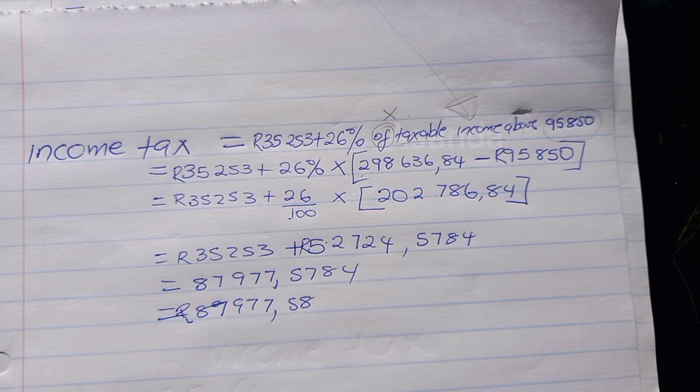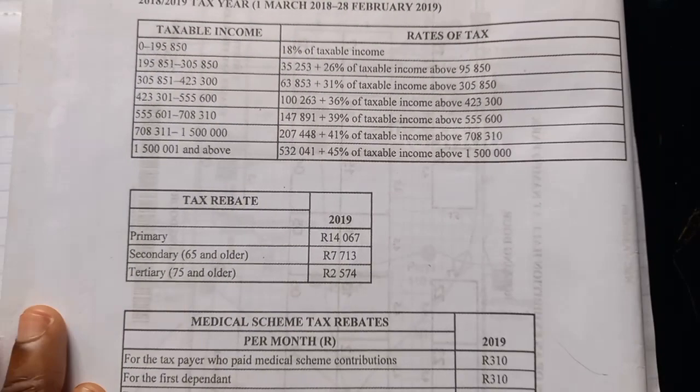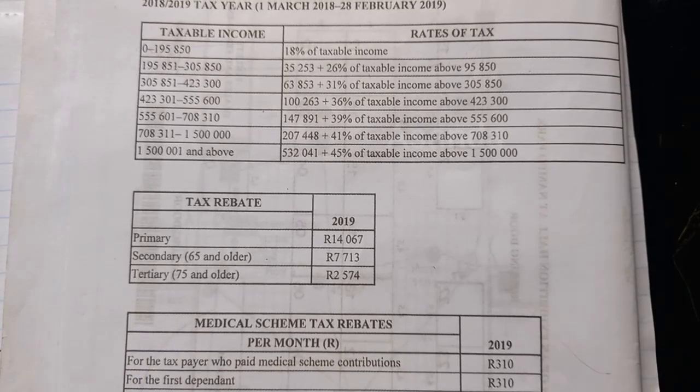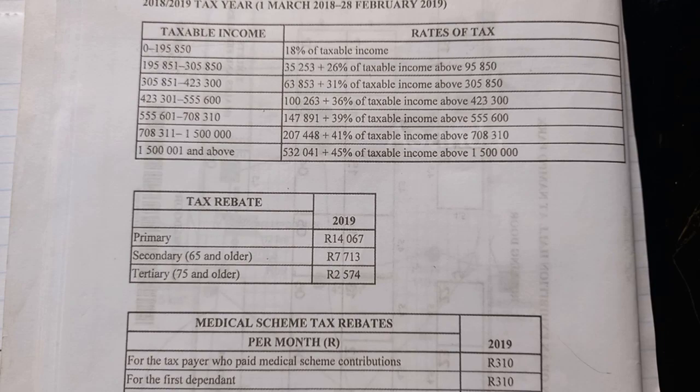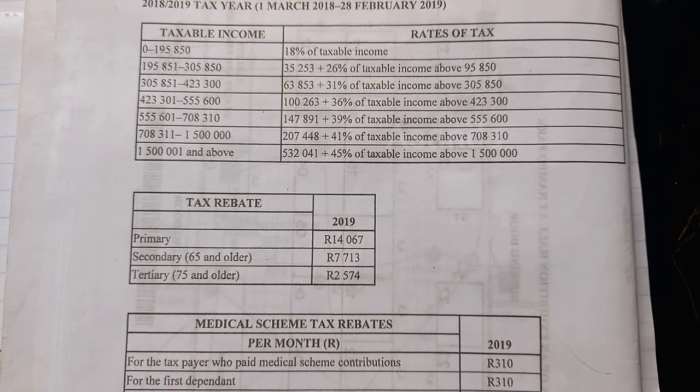This is Amy. Okay, so Amy has to pay this amount of money, but then Amy is like, wait a minute, where are my rebates? So we go back to the rebates table and we say, how old is Amy? Let's say Amy is 26.